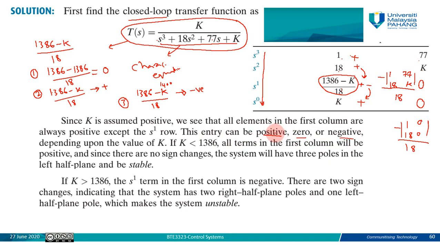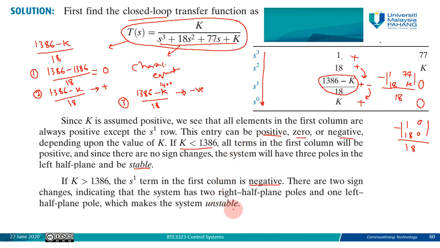Positive if k is less than 1386, and then our system will be stable. If k is greater than 1386, like 1400, 1500, and so on, this entry will be negative. If it is negative, that means we have a change from positive to negative, and from negative to positive.